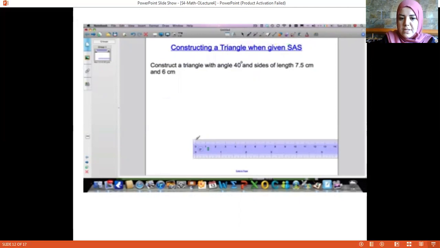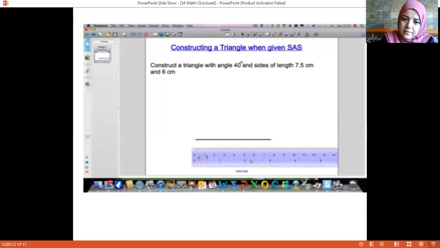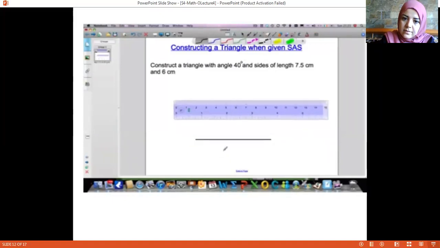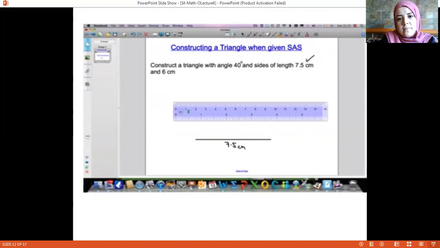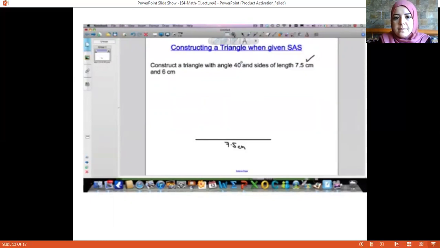So first draw the first line, 7.5, using a ruler, okay? So we need to use a protractor, of course.